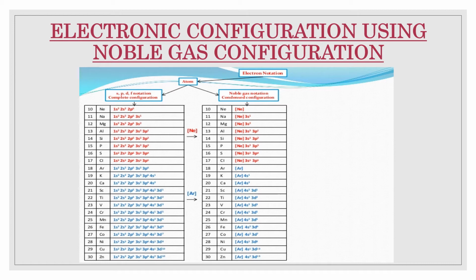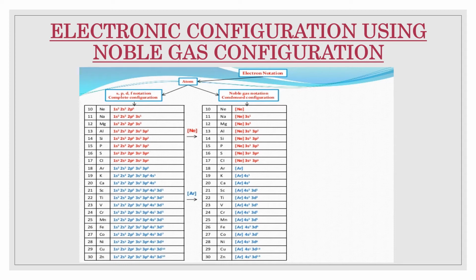For writing the sodium configuration, we first write inside the square bracket neon, and after neon we write only 3s1, because we know that neon already contains 10 electrons, meaning its configuration is already there. So we need not write the configuration of neon. In place of that configuration, we simply write neon in the big bracket and then 3s1. Similarly, proceeding towards magnesium, neon in bracket 3s2, and further moving on up to chlorine.